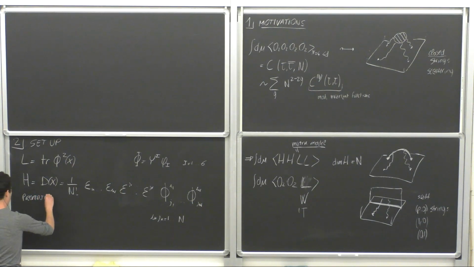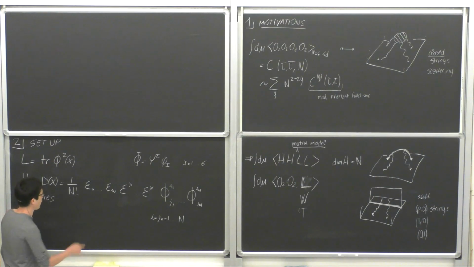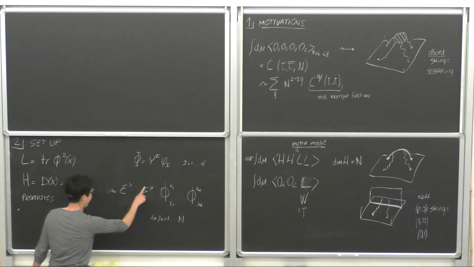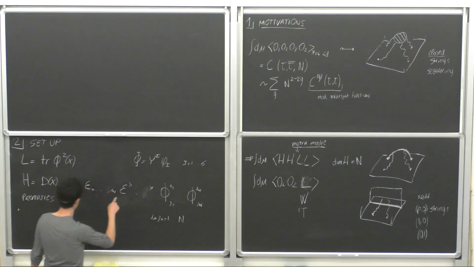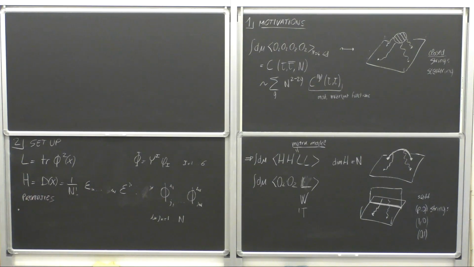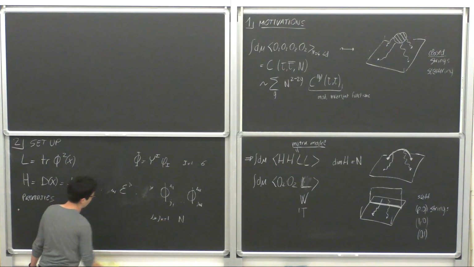of this determinant operator. So first of all, yes, epsilon is the, sorry, it's two epsilons with N indices. Okay, so this is way more clear. These are, as I said, fundamental indices.